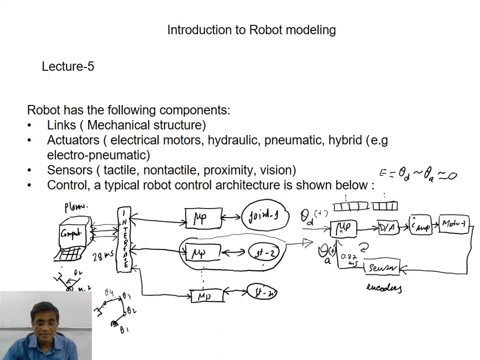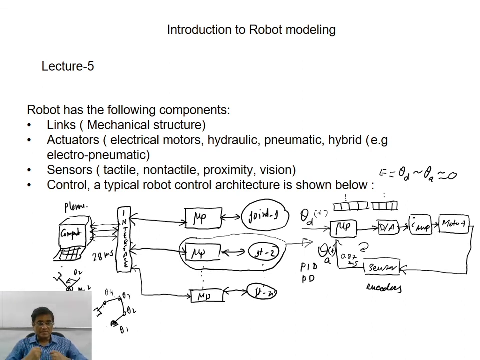The microprocessor, on the other hand, is computing, as you know, several control laws which we'll discuss, PID, PD, as the case may be, and then executing the task as proposed by the planner. So in short, this is the way the robot actually works.